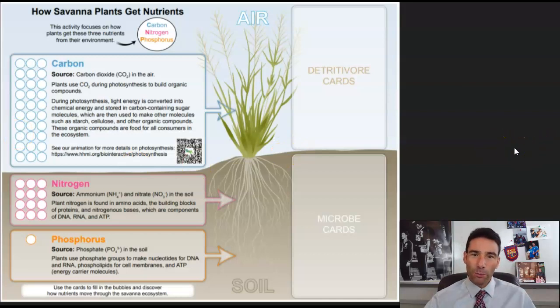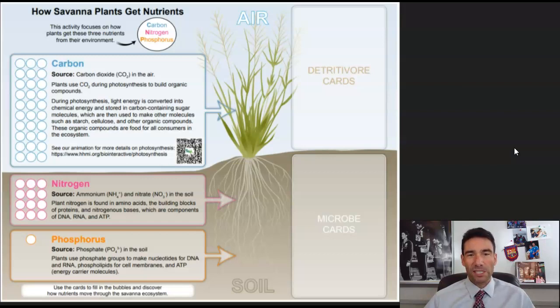As you know, you'll be playing with the How Savanna Plants Get Nutrients game card. This describes the three major nutrients that plants need for survival: carbon, nitrogen, and phosphorus. If you look carefully at the game card, you will notice that it identifies the sources of those nutrients.